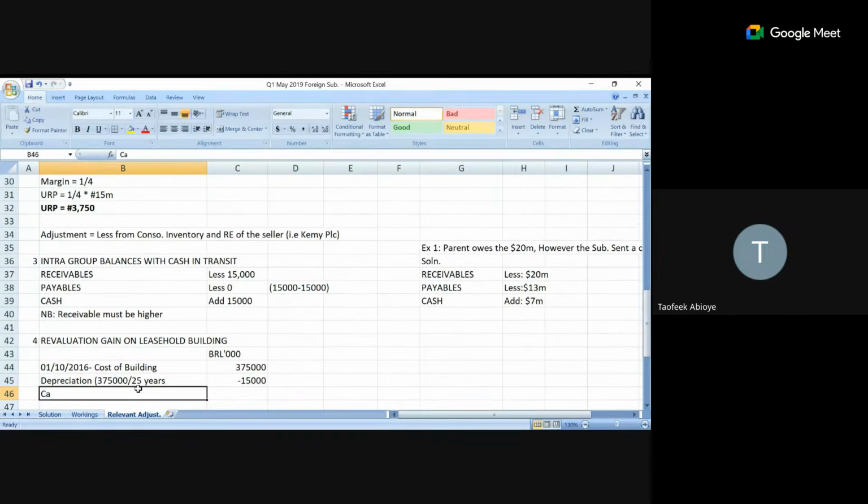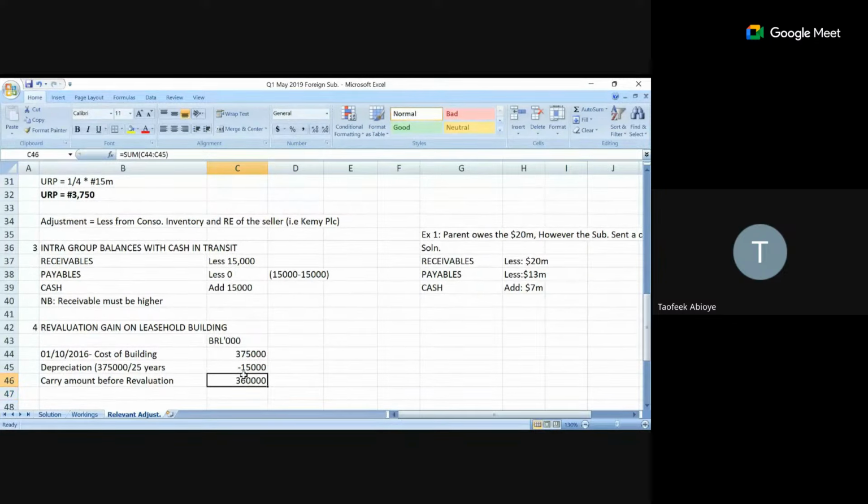So a year later, that is on the 1st September 2017, the carrying amount before revaluation is how much? It is 360,000. Carrying amount before revaluation is 360,000.